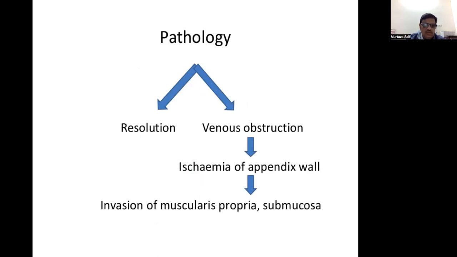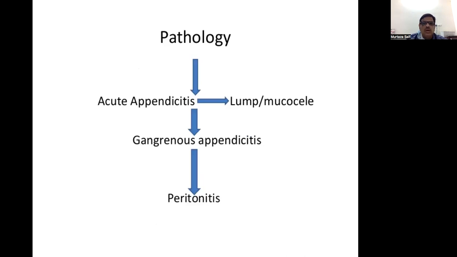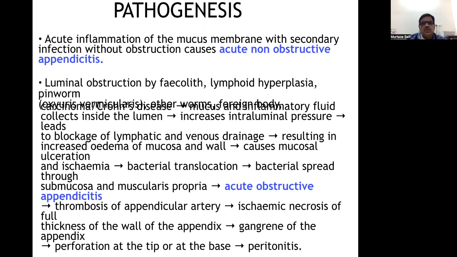Venous obstruction may lead to ischemia of appendicular wall, may lead to invasion of muscularis propria and submucosa, causing acute appendicitis. It may form a lump or mucocele, or it may be gangrenous, and gangrenous appendicitis causes peritonitis, or it can perforate.